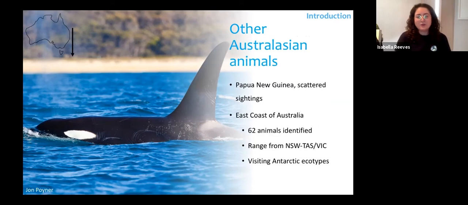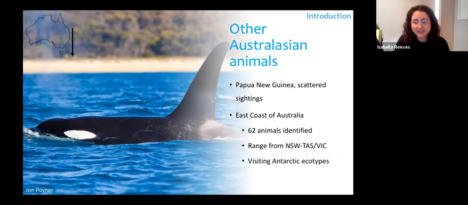One of the co-authors from this paper, Dave Donnelly, runs Killer Whales Australia, which is a citizen science group, and what they've been able to do is identify from about New South Wales, which is about here, to Tasmania, that the range of Eastern Australian animals seem to be around those localities.